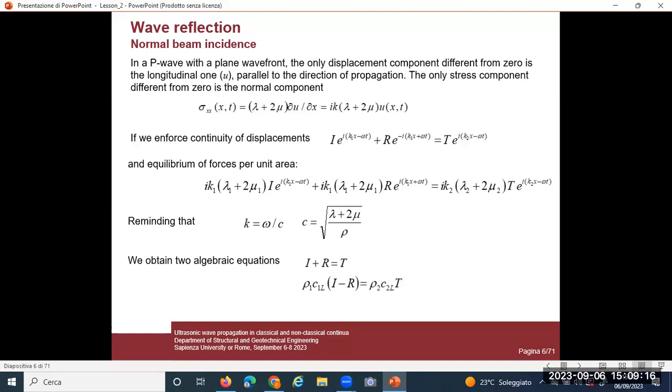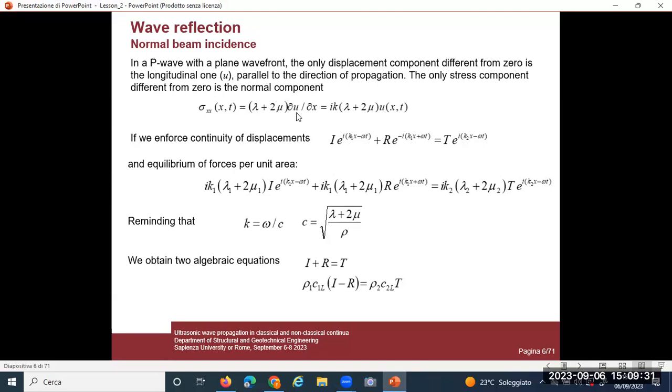And the only stress component different from zero is this normal component I have called sigma sub xx, which is tied to the displacement component by this relationship.